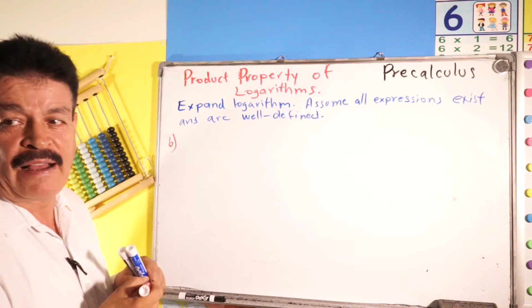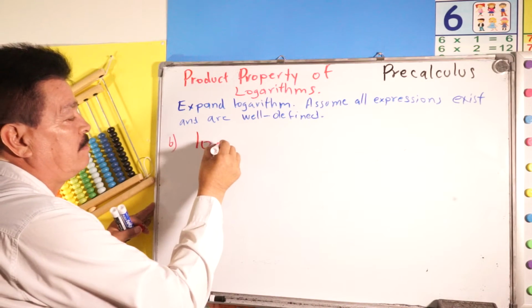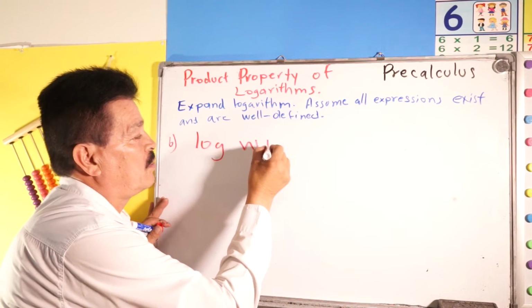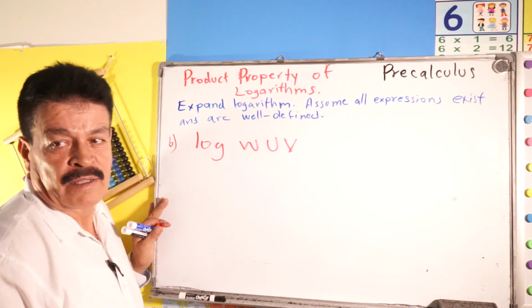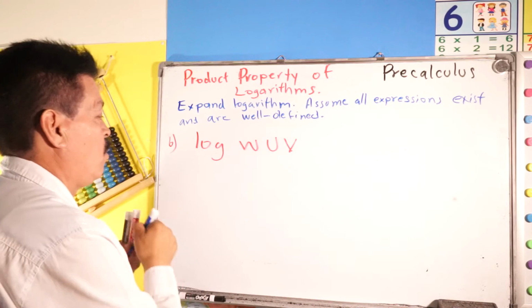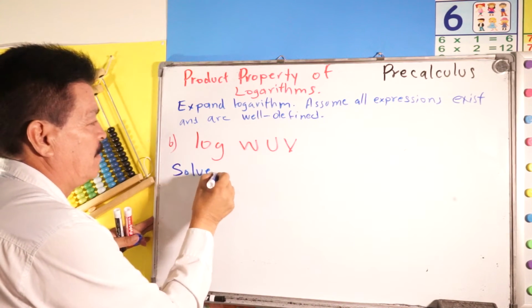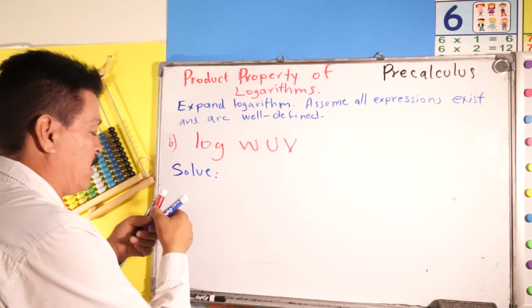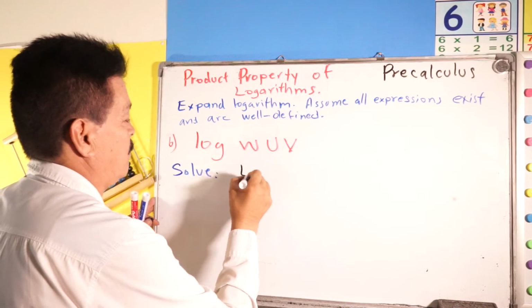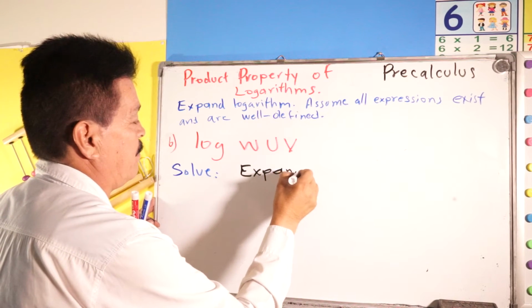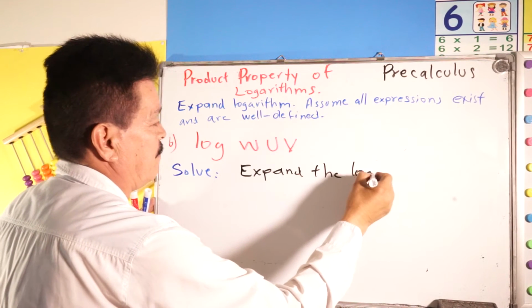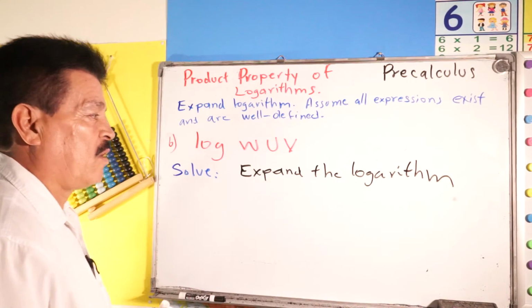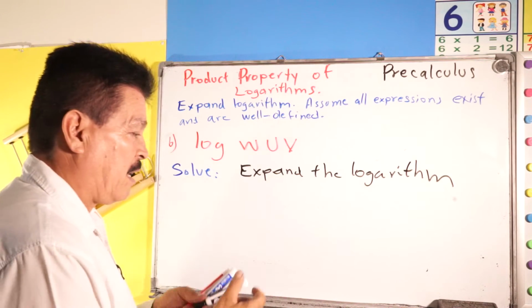So let's find the log of w, u, and v. How do we solve our problem? Expand the logarithm. First step: which logarithm?